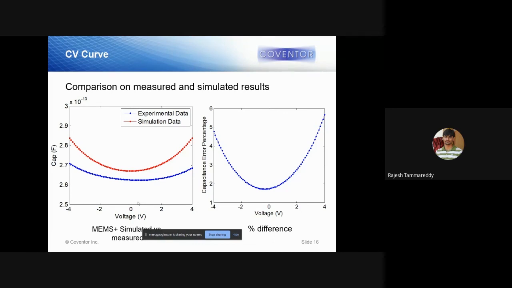The design we are seeing now is already a fabricated model, and you can see the comparison with the experimental data here. On the right side, what you see is the percentage error. It is less than 5% deviation compared to your experimental results. That is pretty good accuracy that you get in any software.